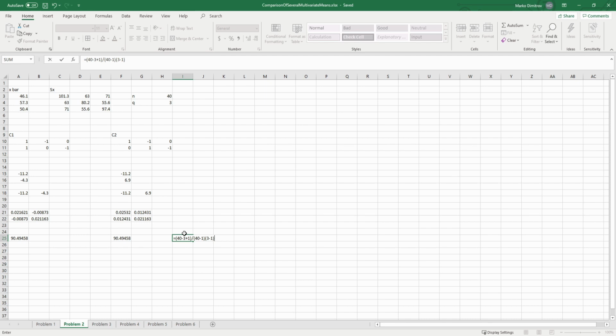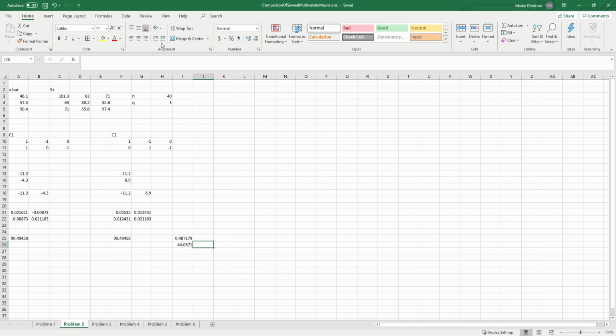And in the end, we need brackets. We need to multiply it with our value. So you get 44.08.